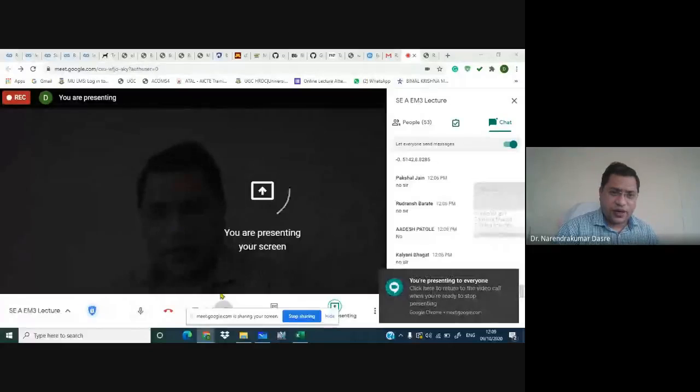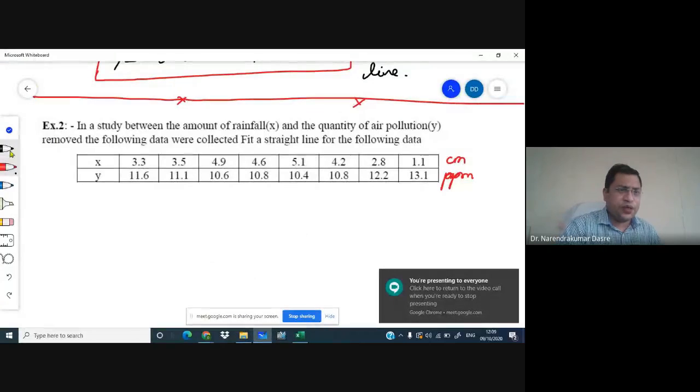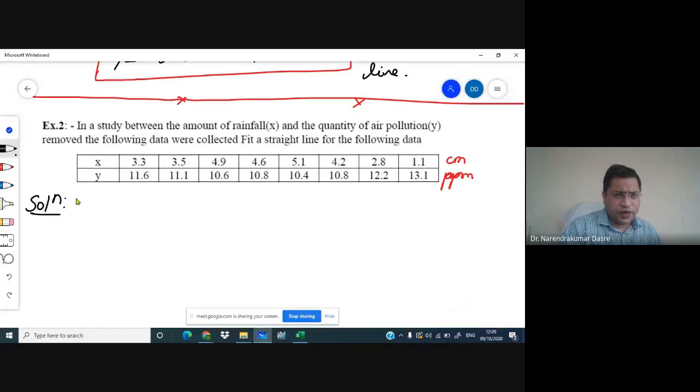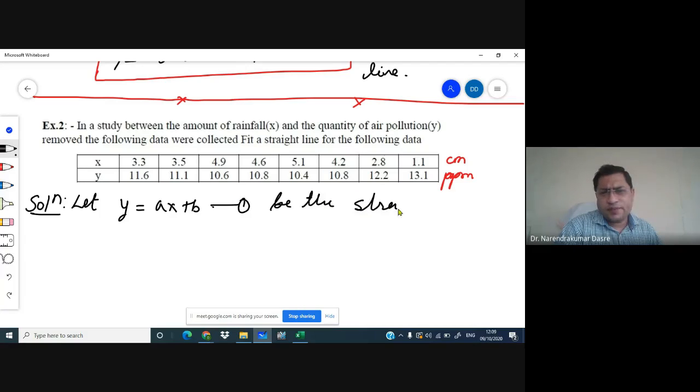Let us see here. Let us try to fit a line to this data, and then we'll see what conclusion we get after this study. So let y is equal to ax plus b, equation 1, the straight line.